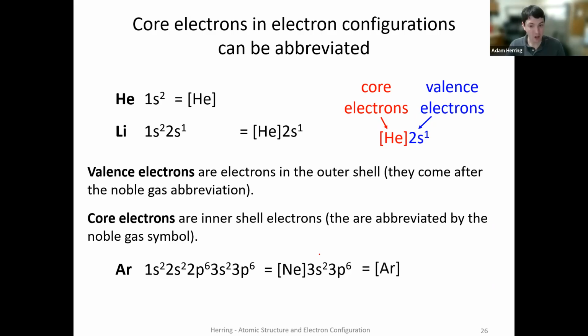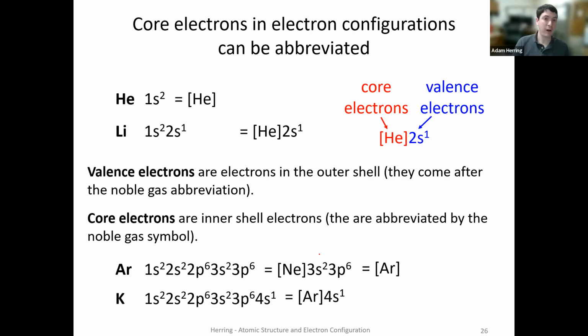And that's the same thing as argon. We could then use argon as a core for potassium. Instead of writing out 1s2, 2s2, 2p6, 3s2, 3p6, 4s1, we just write argon in brackets, 4s1. And so you can see that it really does begin to simplify, and it helps us to be able to tell how many valence electrons there are.